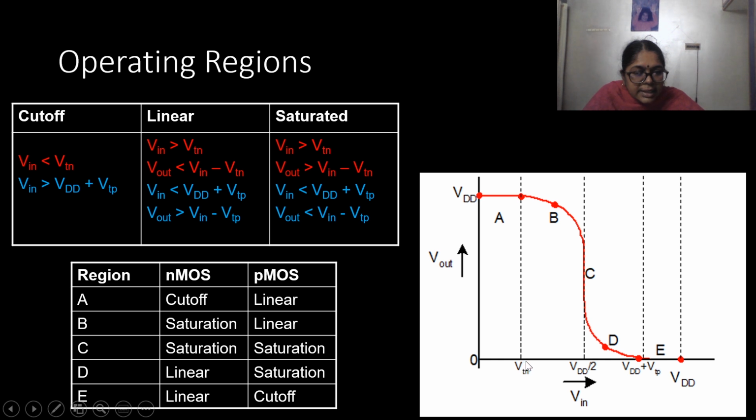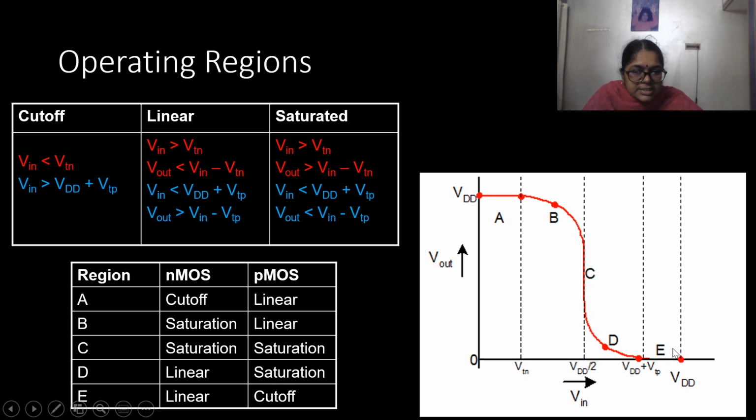Similarly, as the input voltage increases, once the input voltage is greater than VTN, then in region B, the nMOS transistor is in the saturation region. Region C also, the nMOS transistor is in saturation region. Similarly, regions D and E, it goes to linear region.